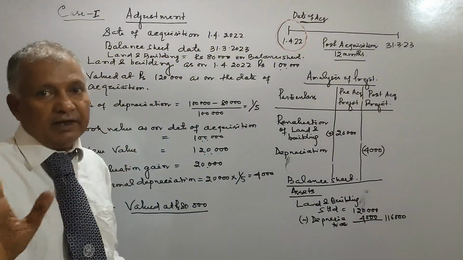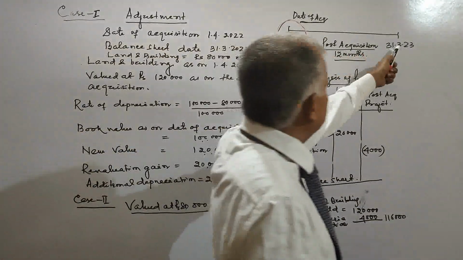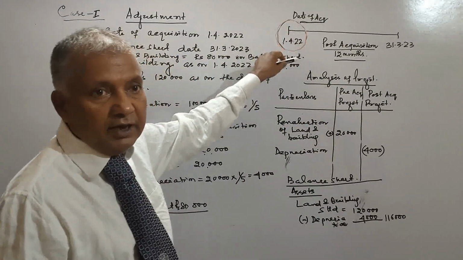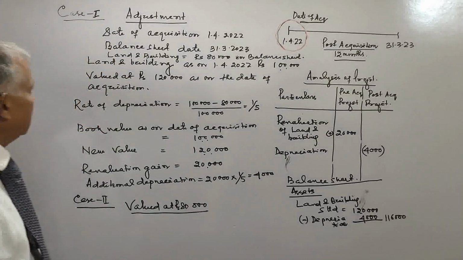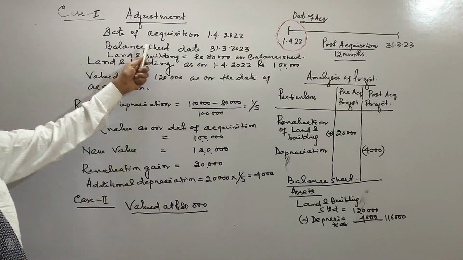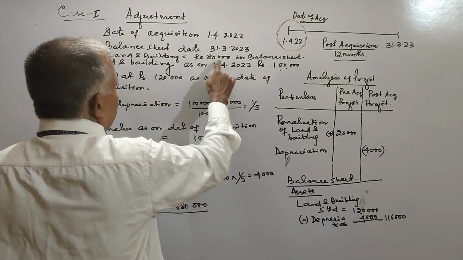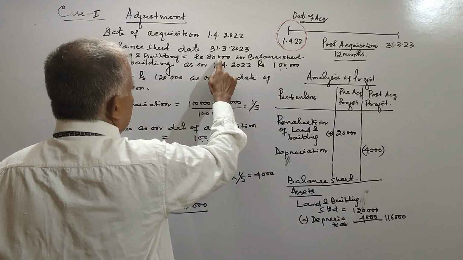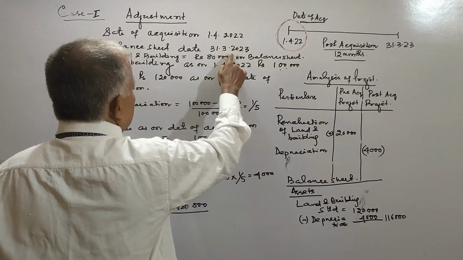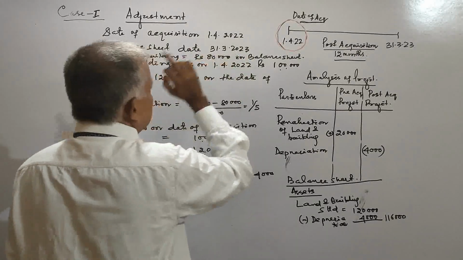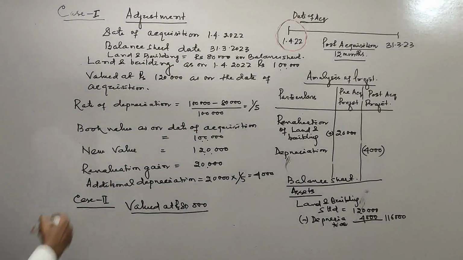That means 1 year. This is your post acquisition period, because the date of acquisition is at the beginning of the year. And we will calculate the rate of depreciation. The land and building value as on 31/3/23, the balance sheet value is 80,000, and in the adjustment the things are given like this.